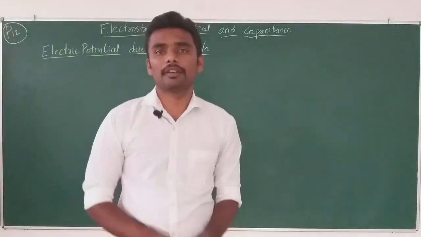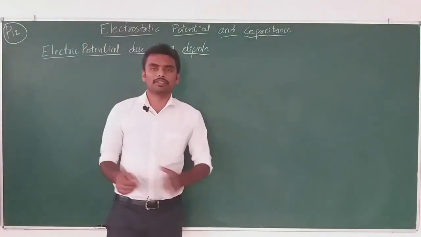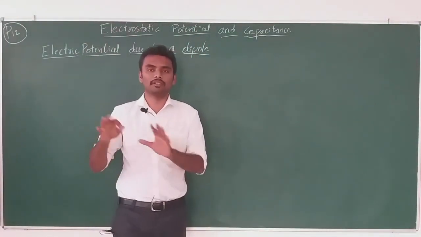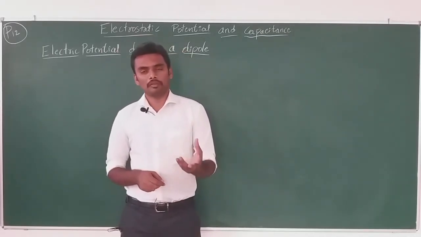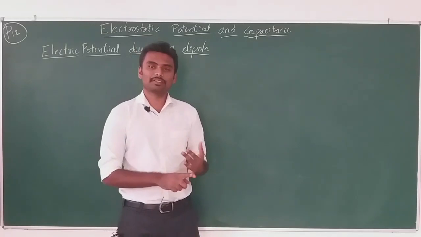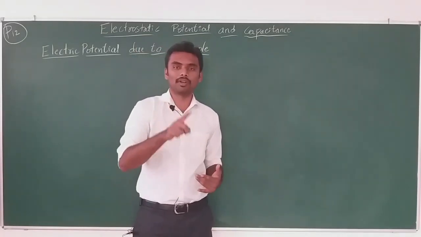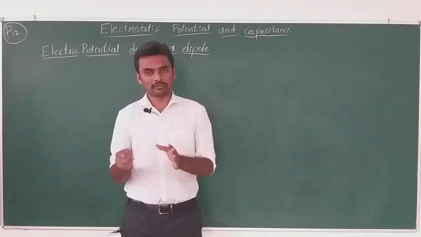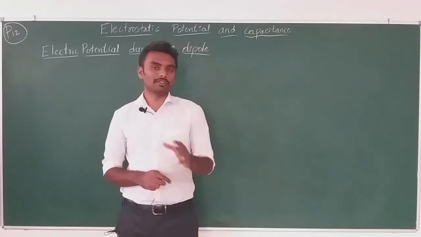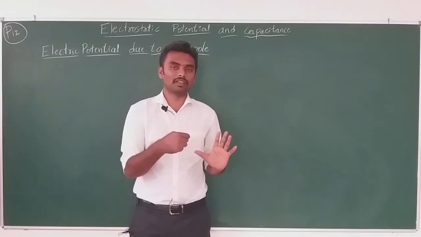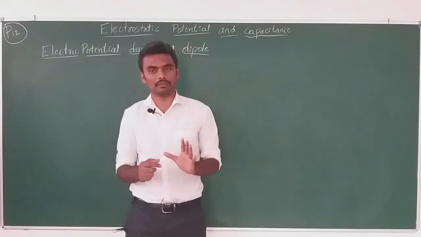So, next we will continue the same format we used with the electric field, if you remember. There also, first we discussed the electric field due to a point charge, a single charge. Afterwards, we discussed the electric field due to a system of n charges.